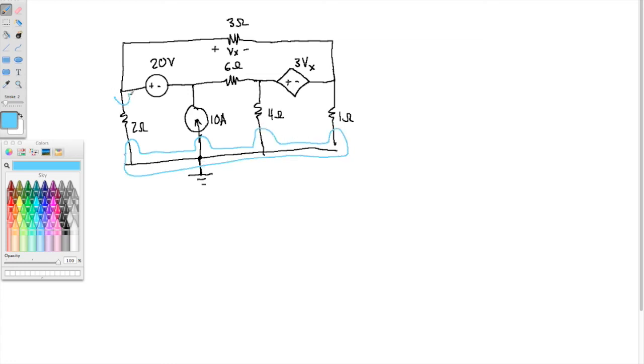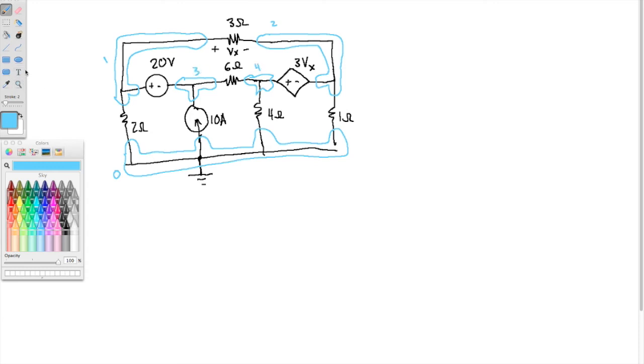Here's 1, here's 2, here's 3, here's 4, here's 5. 5 nodes. All right, we'll label them 0, 1, 2, 3, 4.